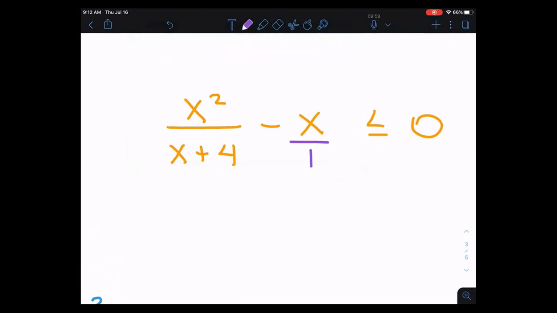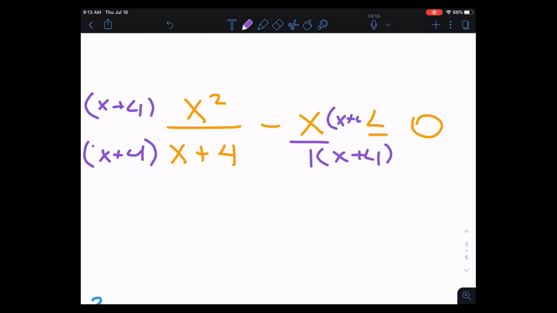Since we have a subtraction sign, to combine these two fractions we need the denominators to be the same. Right now this denominator is x plus 4 and this denominator is 1, so we have to multiply by x plus 4, and whatever we do to the denominator, we have to do to the numerator. So we're multiplying x plus 4 to both numerator and denominator.